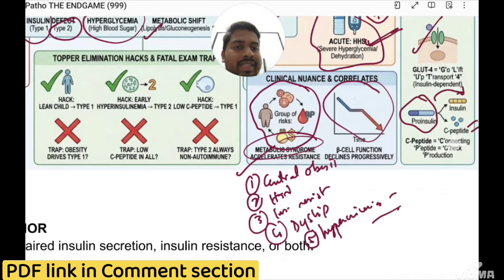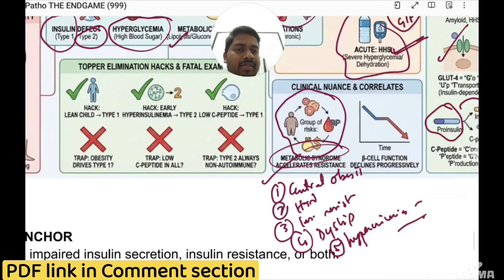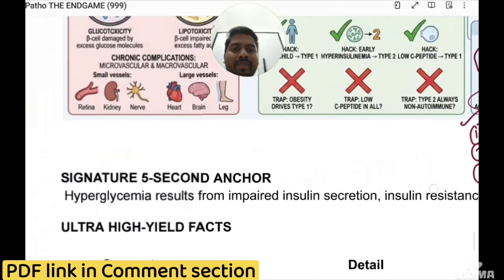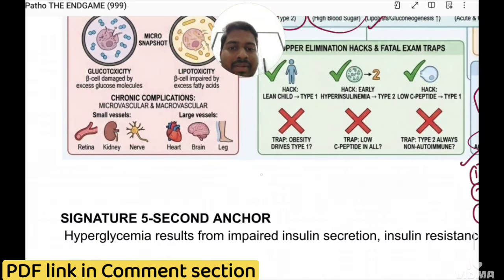So beta cell dysfunction progressively declines over time in type 2 diabetes mellitus, so that you should know. And there is something called a honeymoon phase which occurs in type 1. What happens is in type 1 diabetes mellitus, there is autoimmune loss of beta cells. So when we start giving insulin initially, the patient responds well, and whatever beta cells are still surviving will actually start secreting insulin because the body's metabolic response is improved.